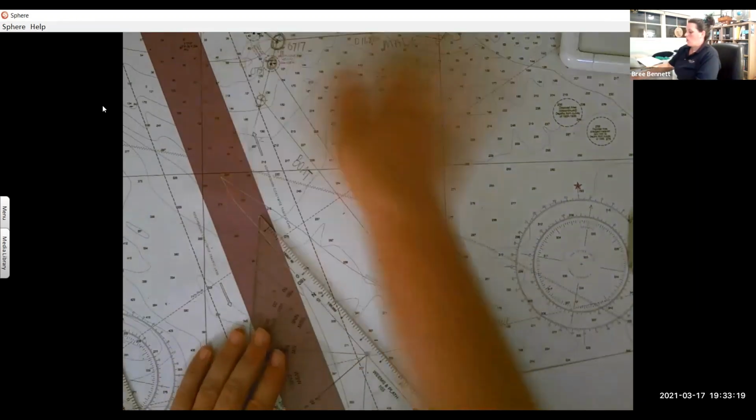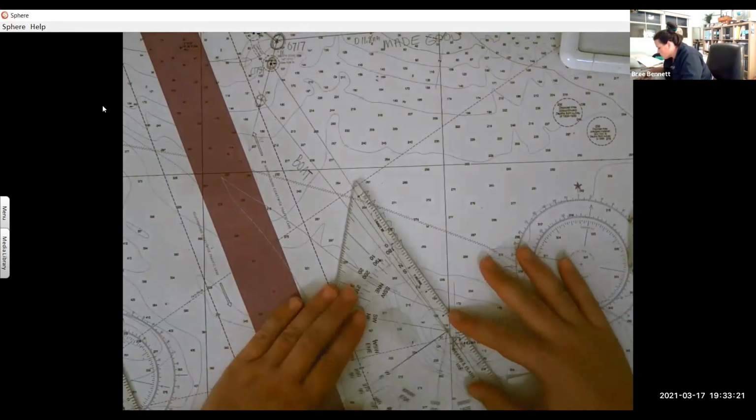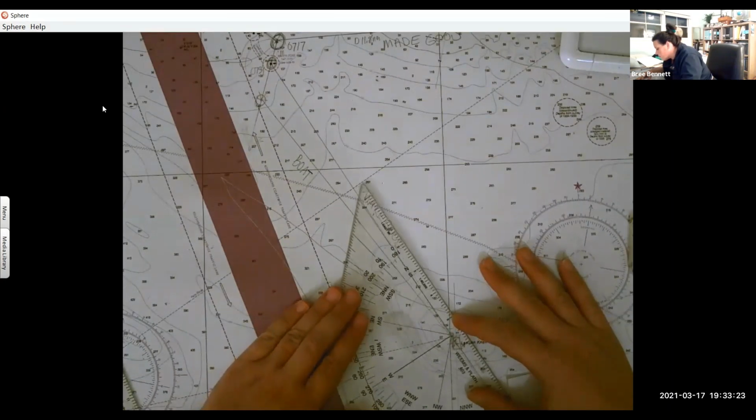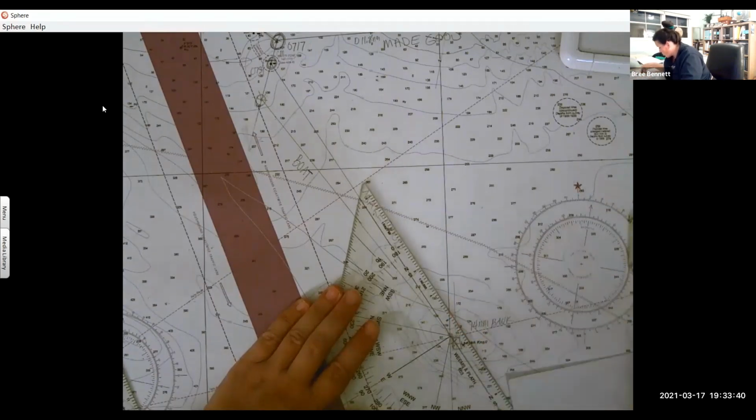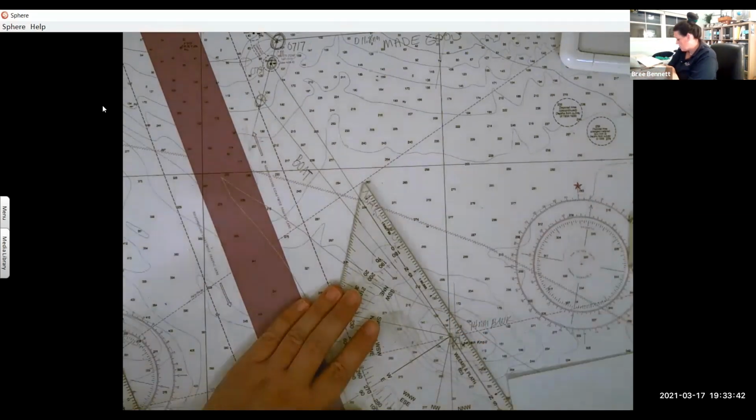Let's calculate what we want to make good, or measure what we want to make good. 148.